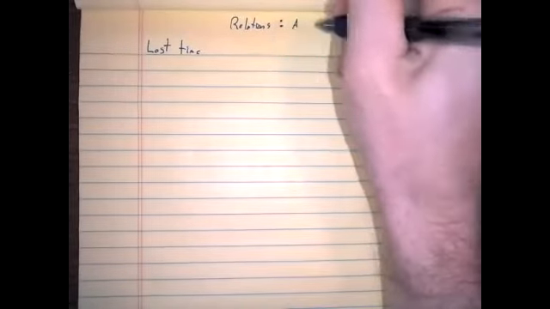Can someone tell me what a relation is? A subset of the power set of a set? Close. It is a subset of the Cartesian product of two sets.